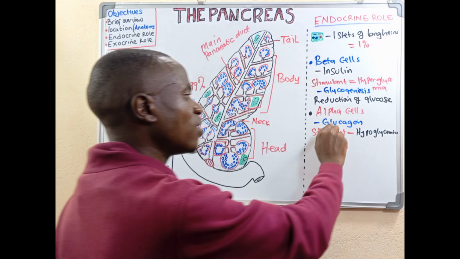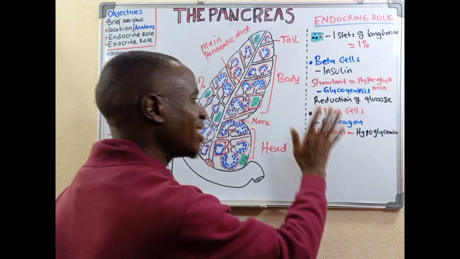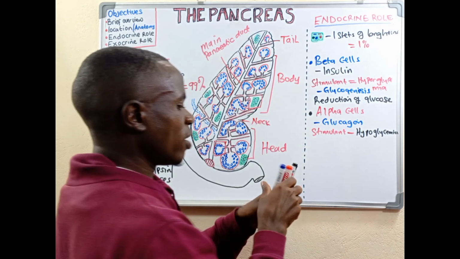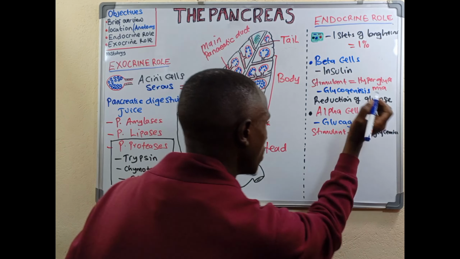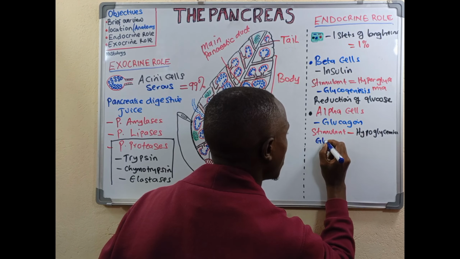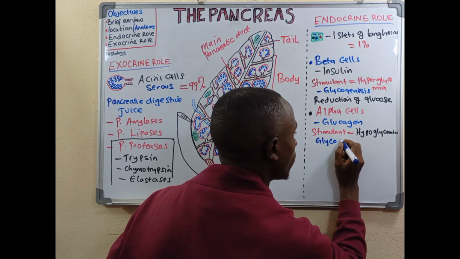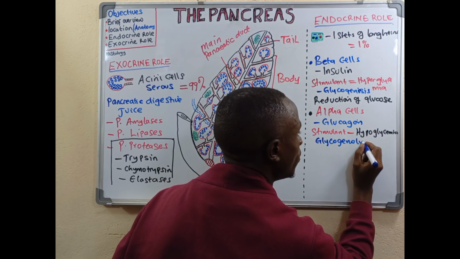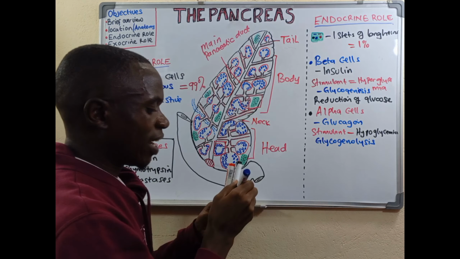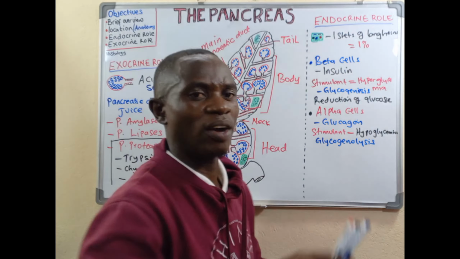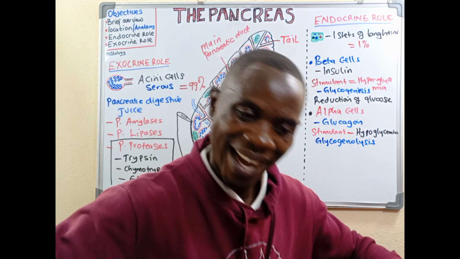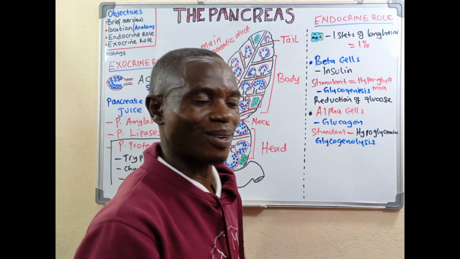Glucagon stimulates the liver to enhance the following processes. The first one is glycogenolysis, the process of breakdown of glycogen back into glucose, and in that way we elevate the glucose levels.